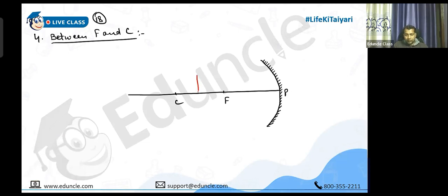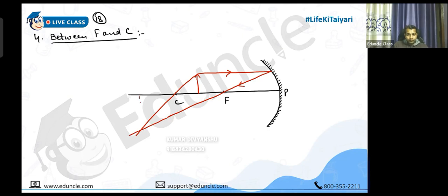So suppose the object is lying here. This now, and you can see it is beyond C and magnified now.